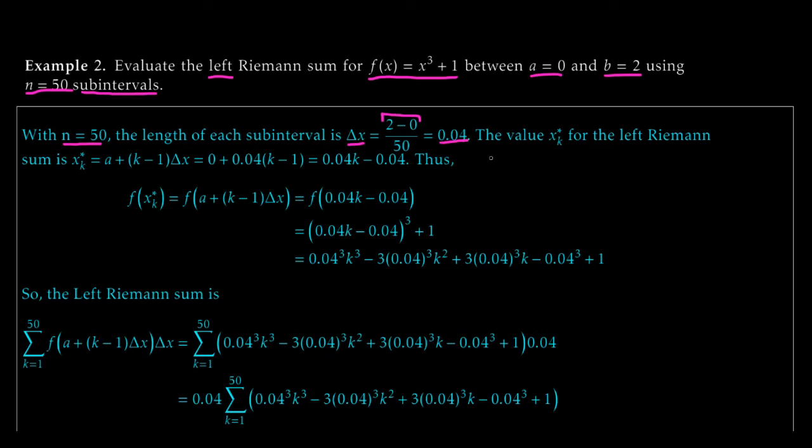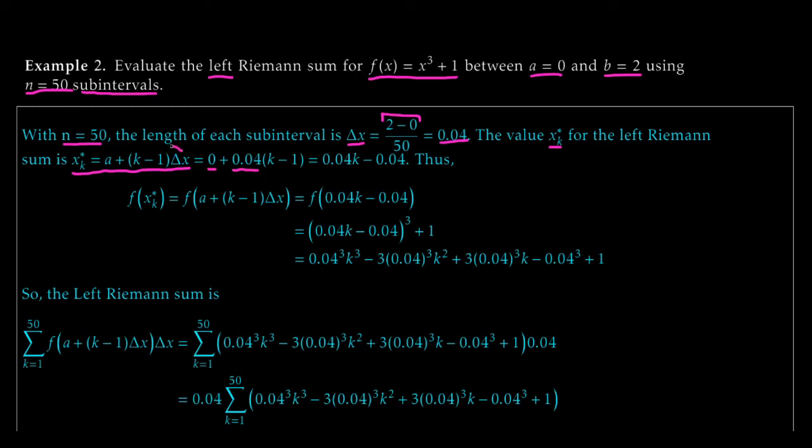Now we need the height of each box. So the value for xk star for the left Riemann sum, like we just saw, is given by the formula xk star equals a plus (k minus 1) delta x. Now plugging in our delta x and plugging in our a, we're going to get 0 plus 0.04 times (k minus 1).